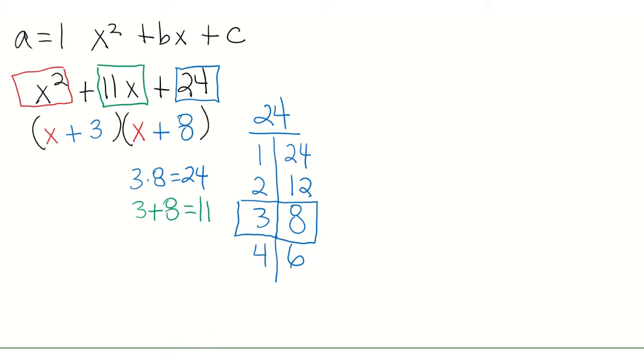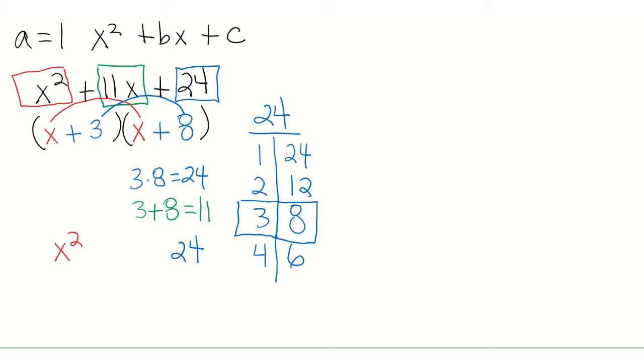Now I'm going to double check this to make sure everything multiplies like I expect it to. So first we'll do our first terms. x times x is x squared. Then I'm going to do my last terms, 3 times 8 is 24.